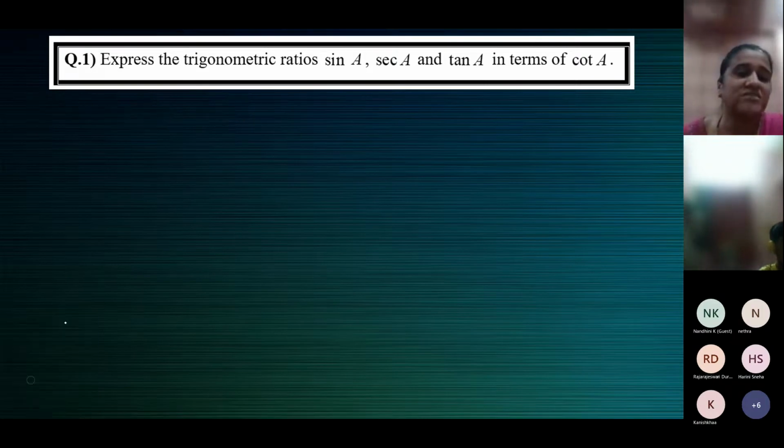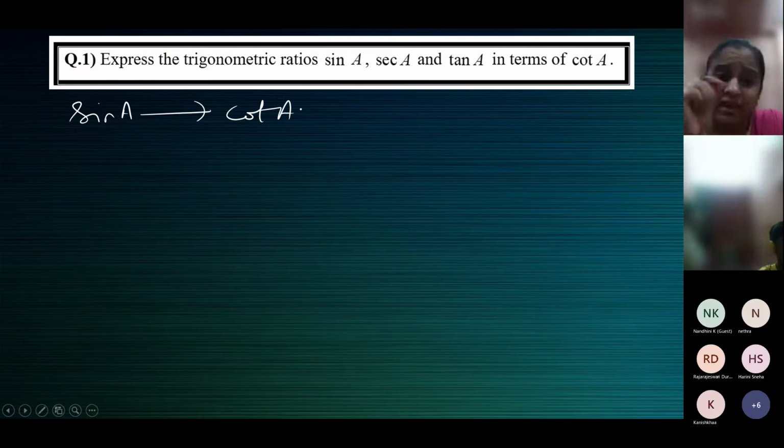We have to write sin A in terms of cot A. Now there is no identity that connects sin and cot directly. So what's a reciprocal of sin?